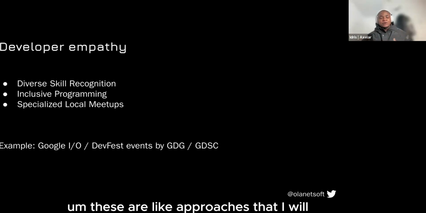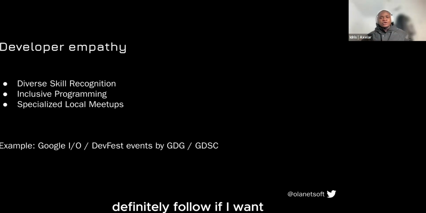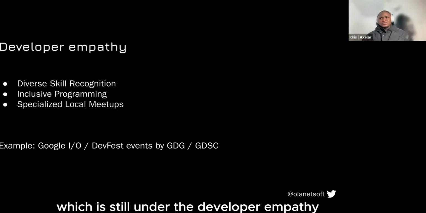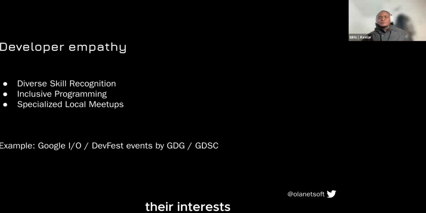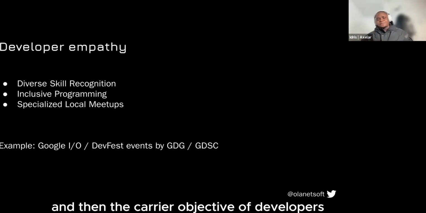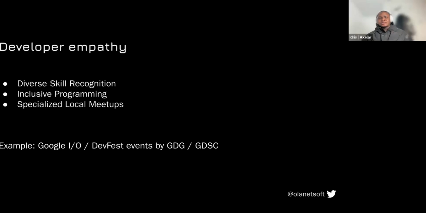These are approaches that I will definitely follow if I want to organize another developer-focused event. Number one here is diverse skill recognition, where you acknowledge various skills, their interests, and the career objectives of developers.